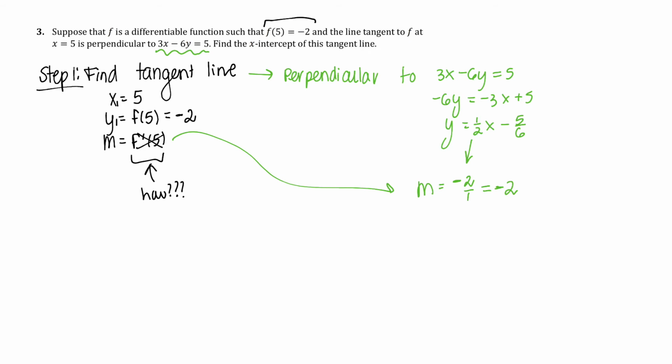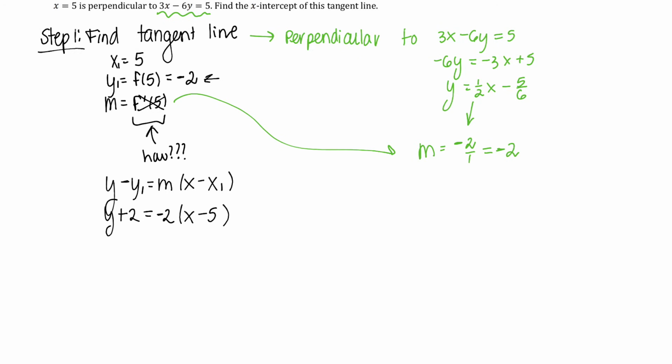So our tangent line, y minus y1 equals m times x minus x1. So we have y plus 2, because negative 2, equals m is negative 2, and then x1 is 5. And if you want, you can solve for y here, so you can write it in mx plus b form.